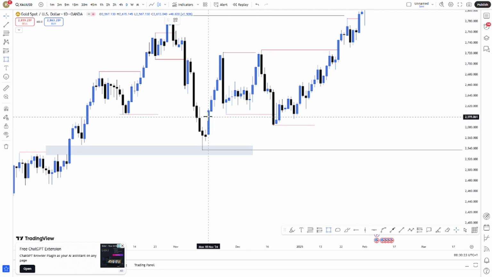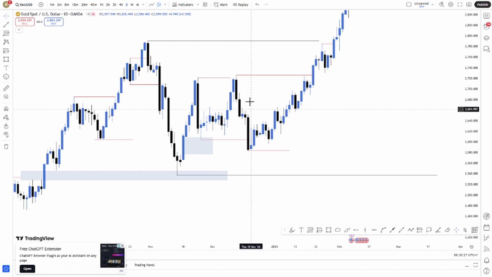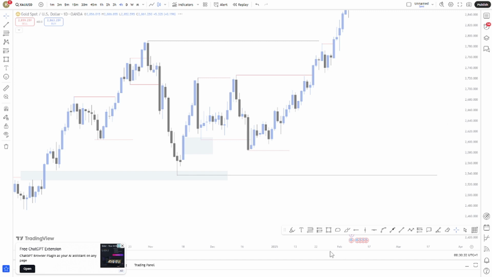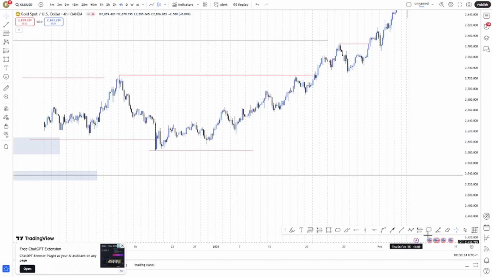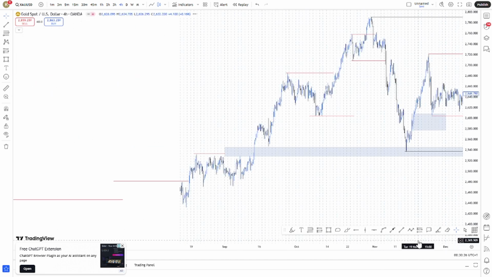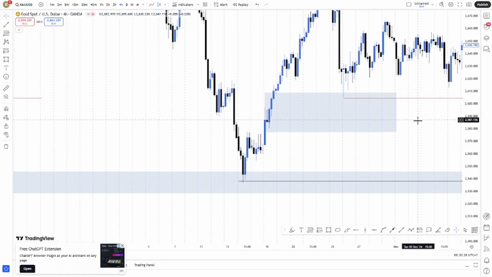And the POI mitigated around this whole area is this fair value gap. So from here we just have to see 4 hour structures that exist. So go to the 4 hours and check structures that formed from there, which is going to be easy to see because new structures are supposed to start from that average.